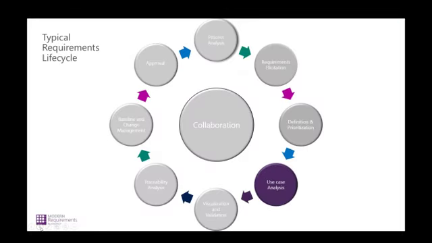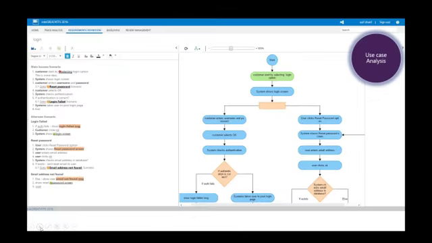With use cases, if you use use cases in your process, you again have two ways of doing that. In the Visio interface that I showed you previously, you start with a model and generate requirements from the model. In this interface, you start from text and generate a model.